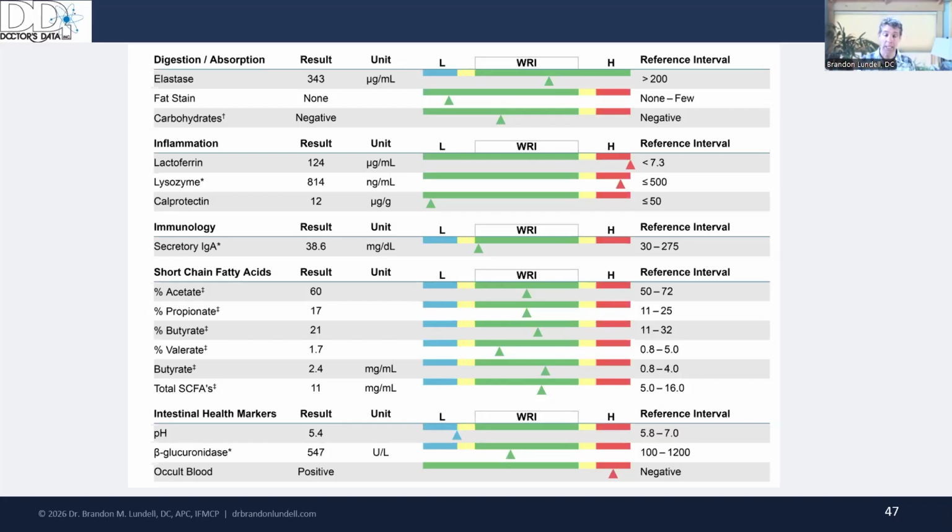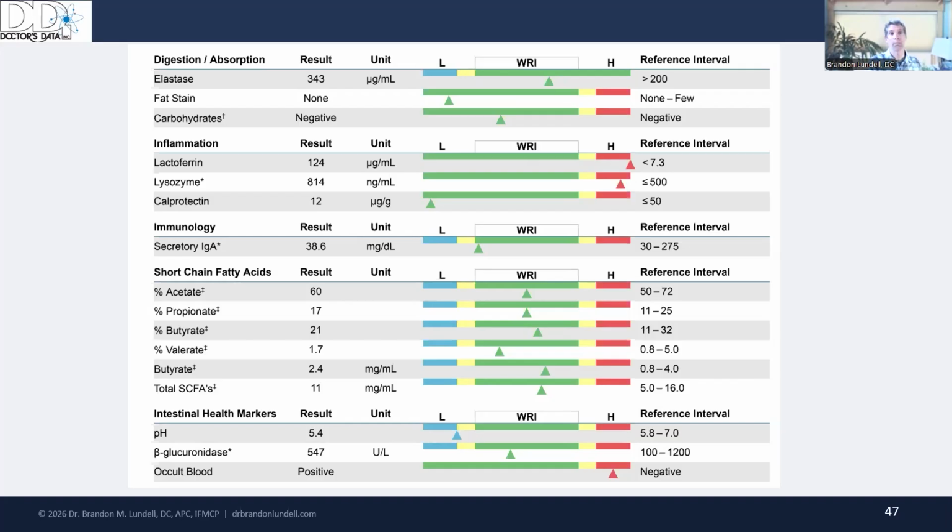So, in my opinion, looking at my population and empiric evidence, and some of the studies that I've read, I use a cutoff more around 300 to 350 for the elastase. If it's lower than 300 or 350, that's an indicator that it might still be struggling.